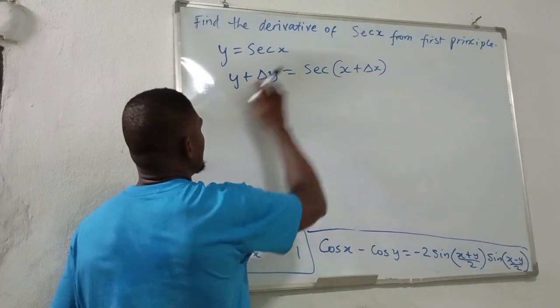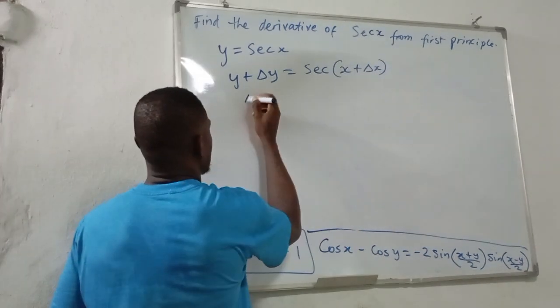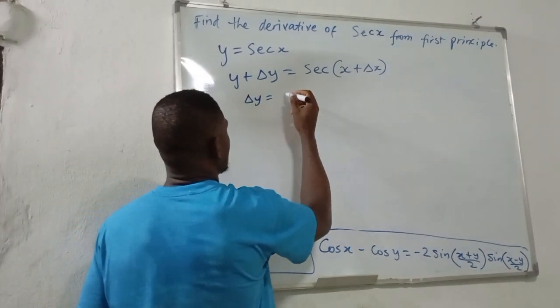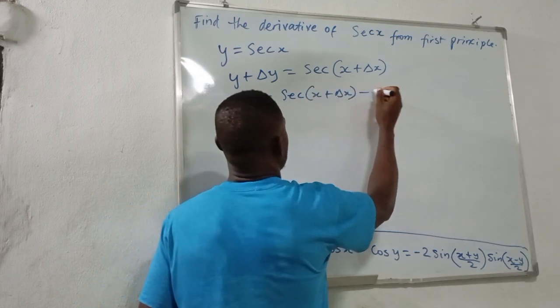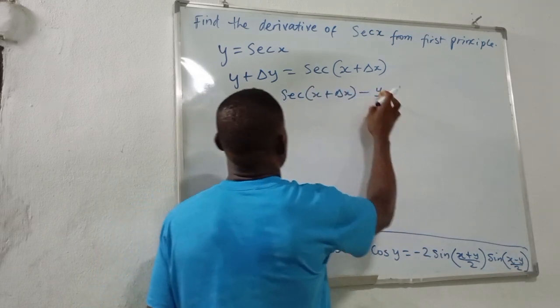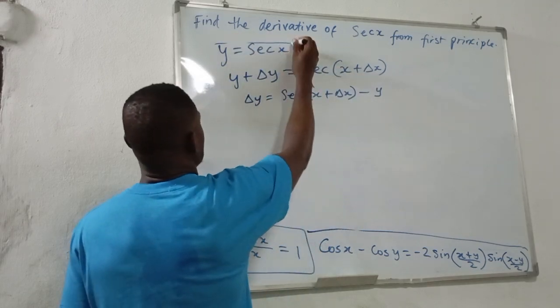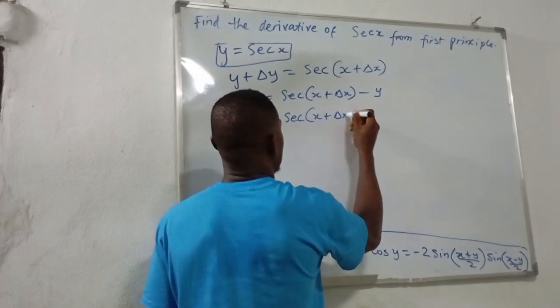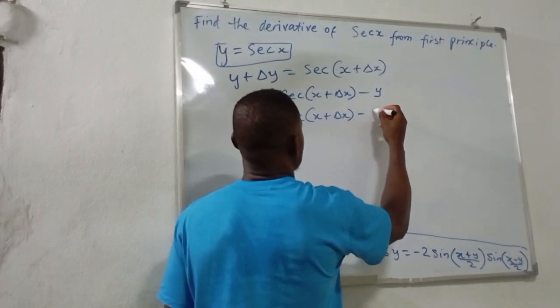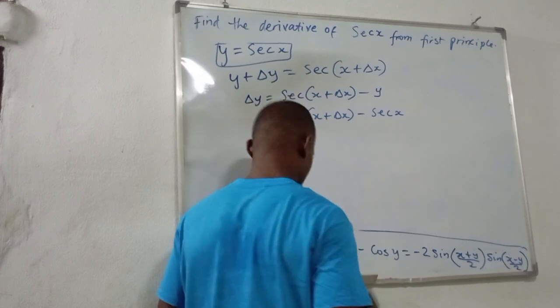From here I'm going to move y to the other side, so that dy equals sec of (x plus dx) minus y. And let's recall this y. So this should be sec(x plus dx) minus sec x.